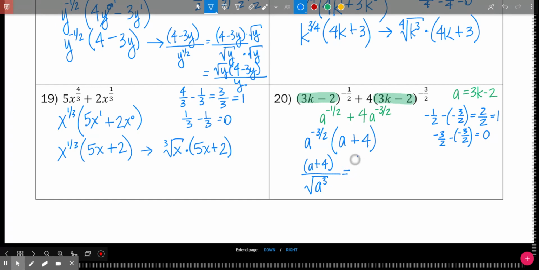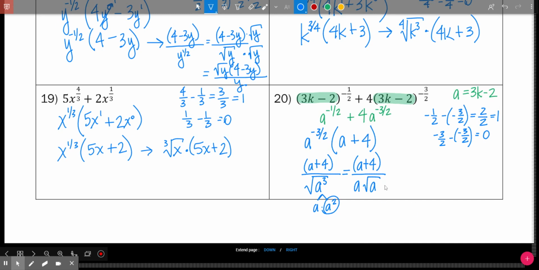So that means we have a plus 4 over a times the square root of a, because a cubed factors into a times a squared, and a squared is a perfect square.